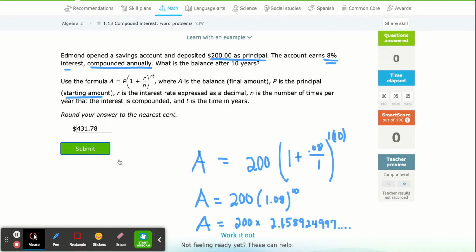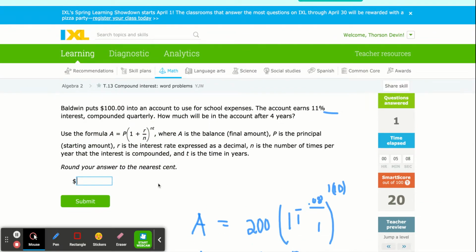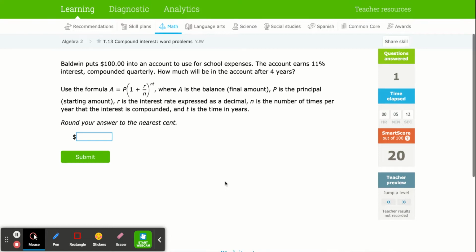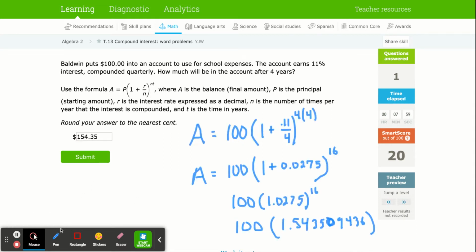So all this lesson is plugging in the values they give you. Oh, no, let's do this one. Compounded quarterly. Again, what I've done is I have taken my principal amount, put it for my starting amount. I have an interest rate of 11%.